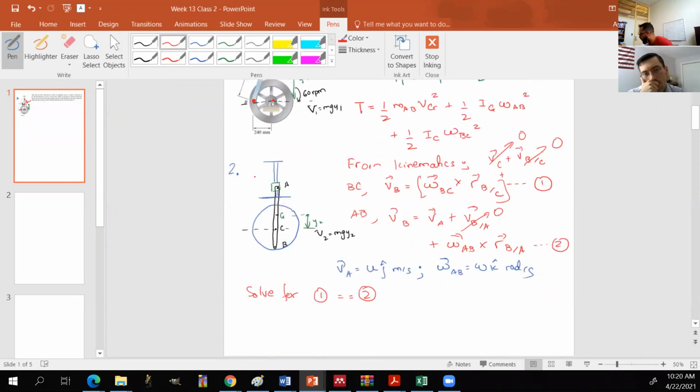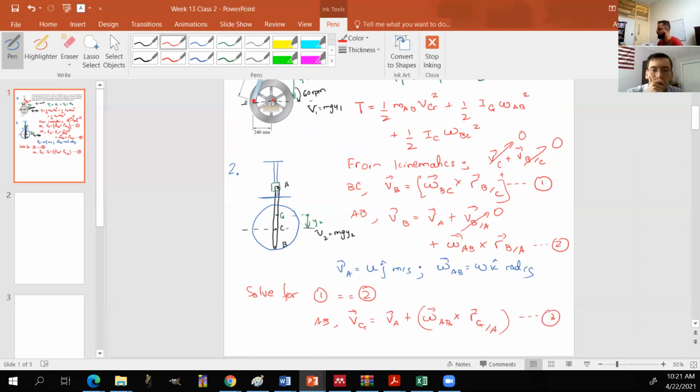So now when I do 1 equals to 2, and I find out what my VA and my omega AB are, I can say, when I'm looking at the rod AB again, that my VG is just equal to VA plus omega AB crossed with R of G this time relative to A. And this is my third expression. From here, I'll find out what VG is.